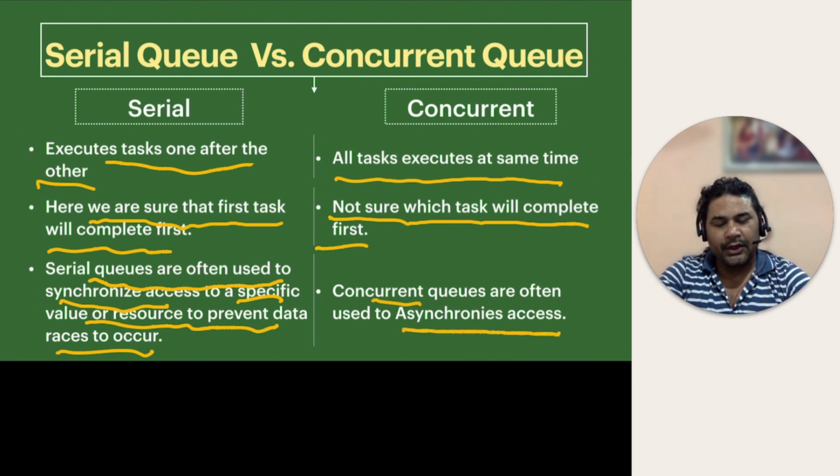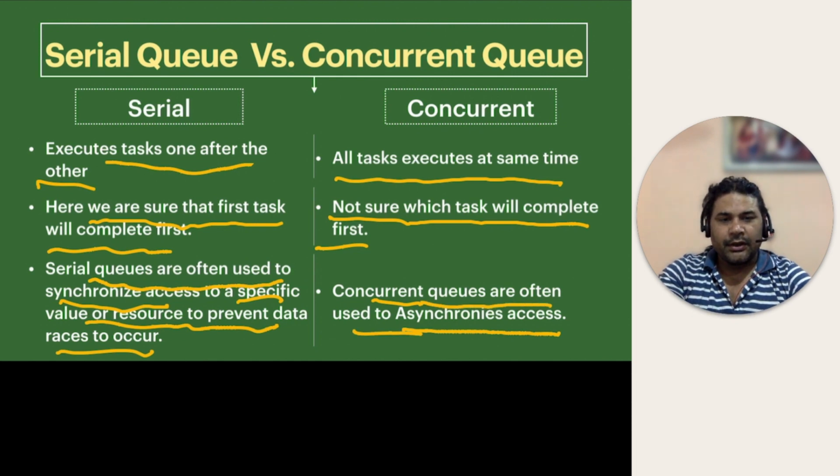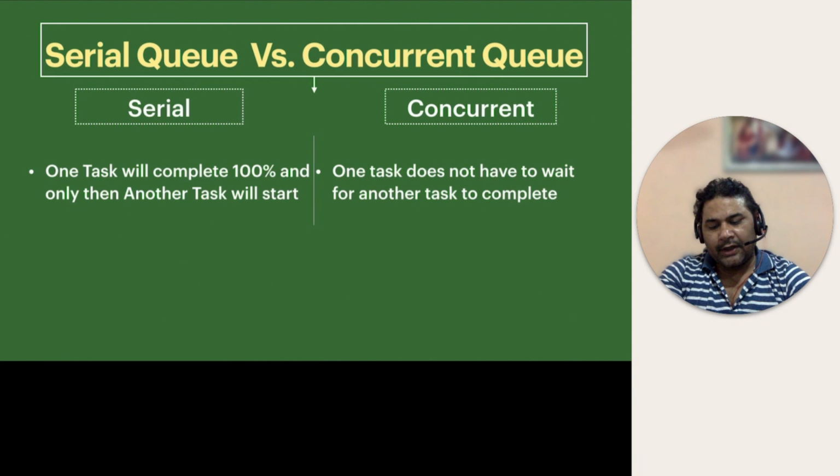Concurrent queues are often used for asynchronous access. In a minute we will discuss synchronization and asynchronization. Concurrent queues follow asynchronization, because in asynchronization we can perform multiple jobs at the same time without waiting for another job. In serial, when one task completes 100%, then another task will start.